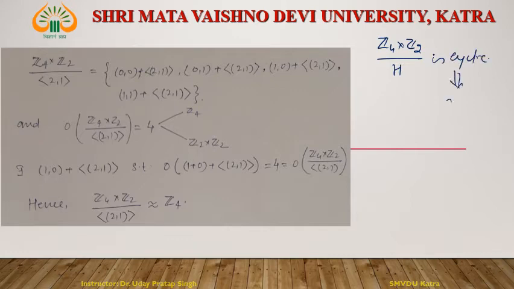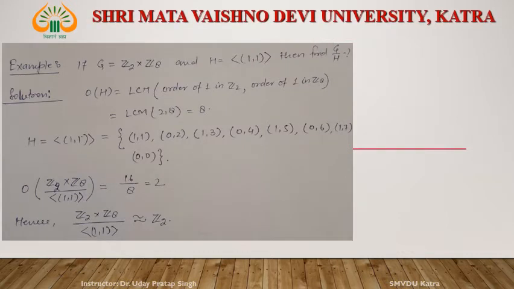Then this is abelian also, since every cyclic group is abelian. Then this Z4 cross Z2 by H is isomorphic to Z4. Okay.